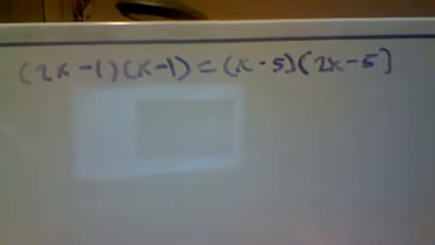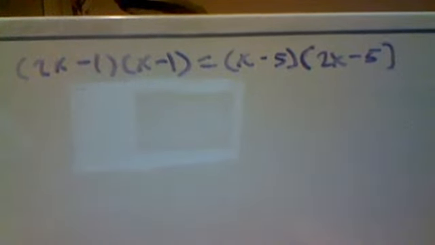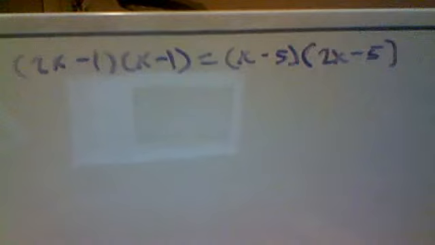My marker is kind of dying, so I'm not sure if you can see this. The problem is 2x minus 1 times x minus 1 equals x minus 5 times 2x minus 5.